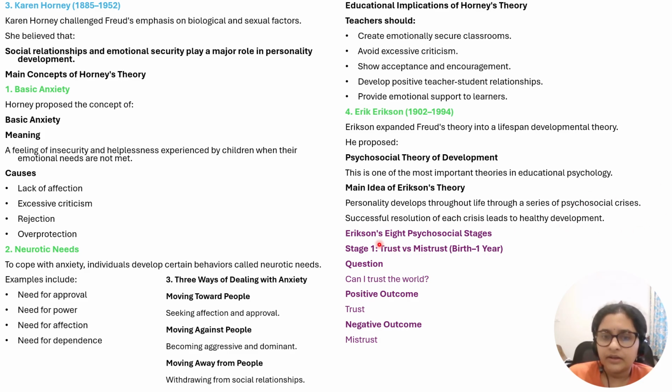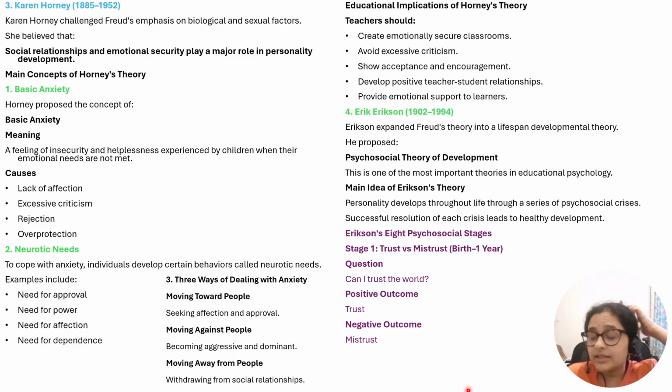Successful resolution of each crisis will lead to healthy development. At each stage there is a certain crisis, that is, a requirement for something. If you keep finding a solution for each of these crises, then you will become a healthily developed individual.